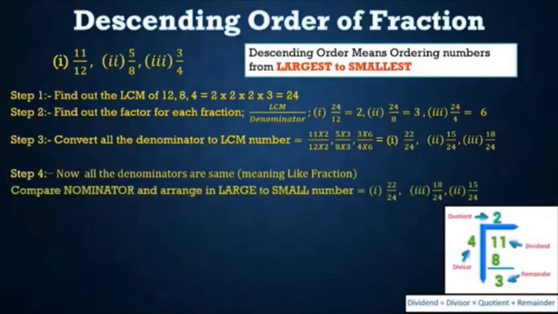And now we have to compare the numerators and arrange them from large to small. So it'll become 22 by 24, 18 by 24, and 15 by 24. Step 5 is to write them in our original form. So it is 11 by 12, 3 by 4, and 5 by 8.